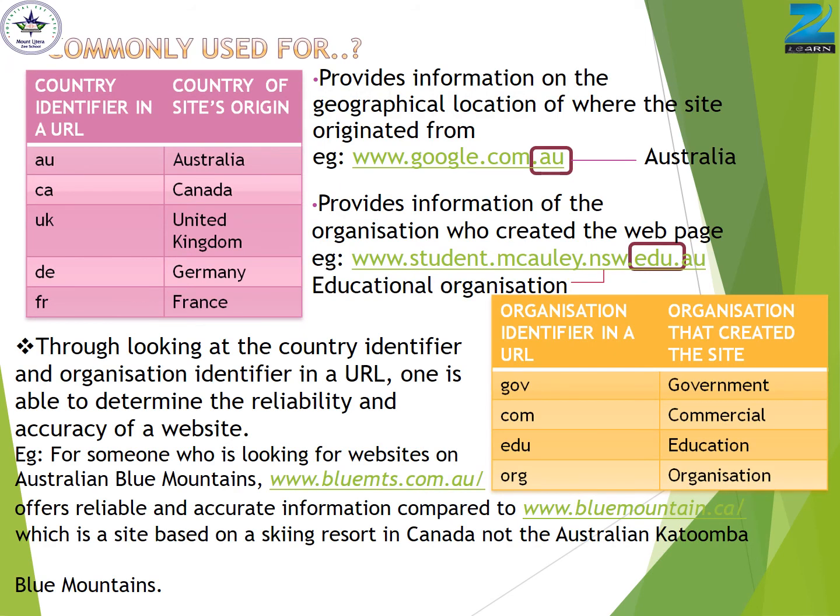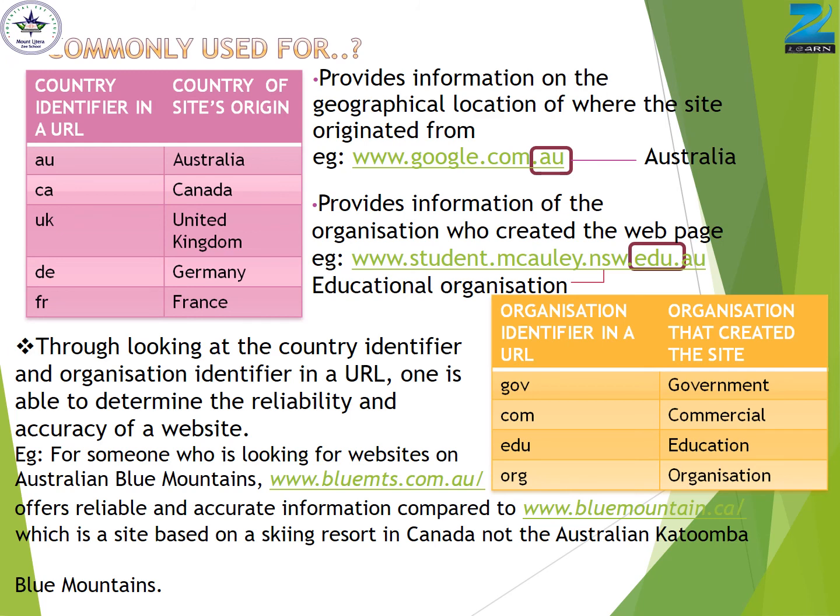Commonly used to provide information on the geographical location of where the site is organized. See here, .com.au means Australia. EDU is for educational purposes. By looking at the country identifier and organization identifier in a URL, one is able to determine the reliability and accuracy of a website.